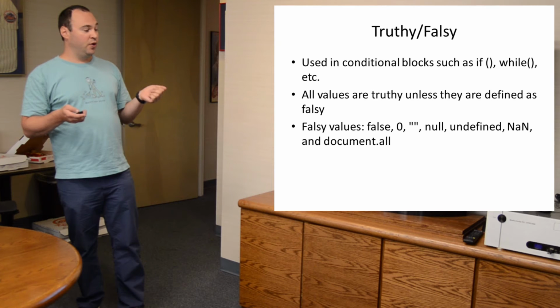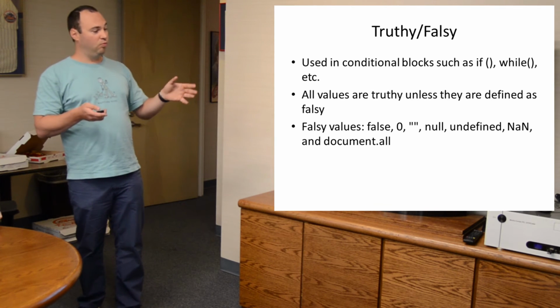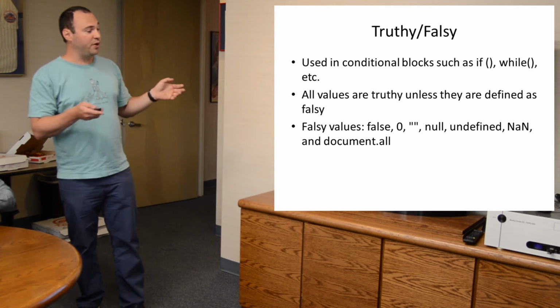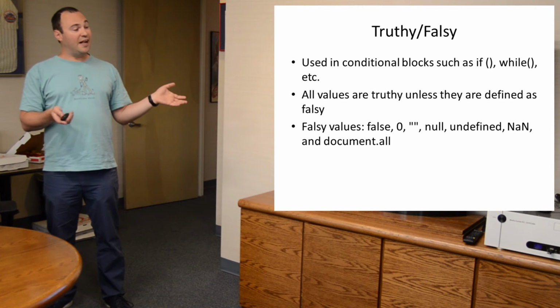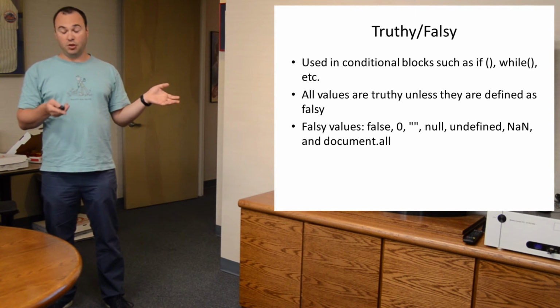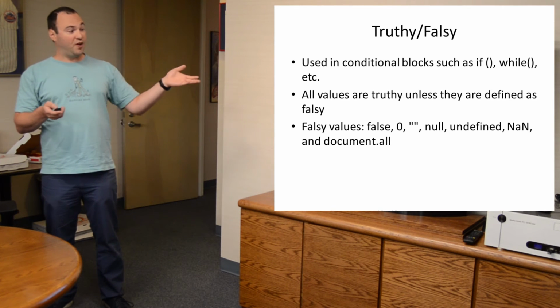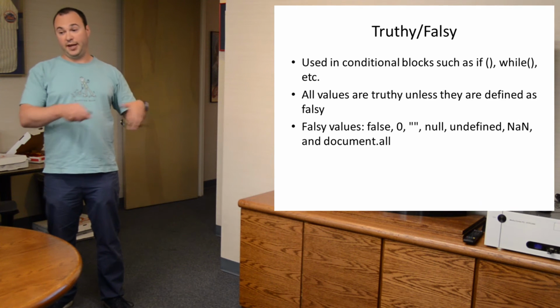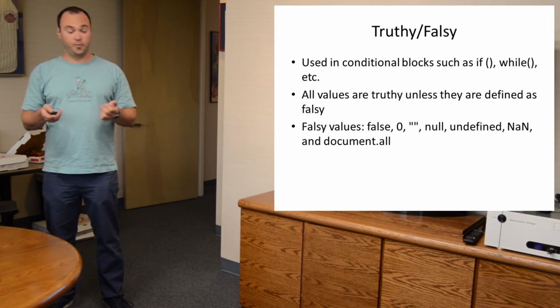And that's a little bit different from using the equality comparisons. But basically, in JavaScript, all values are truthy. For example, even though 5 triple equals true is false, if you use 5 in an if block, saying if 5, it still acts as true. It's still a truthy value.